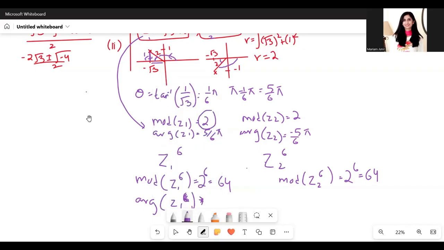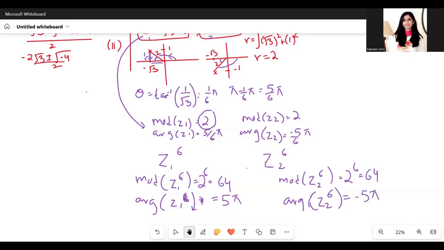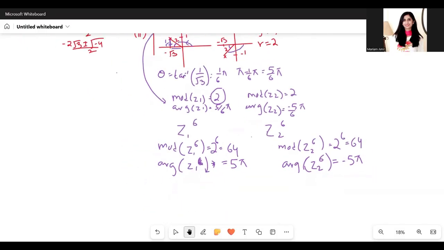The argument of z2 to the power 6 will become minus 5 pi, because we multiply this by 6.